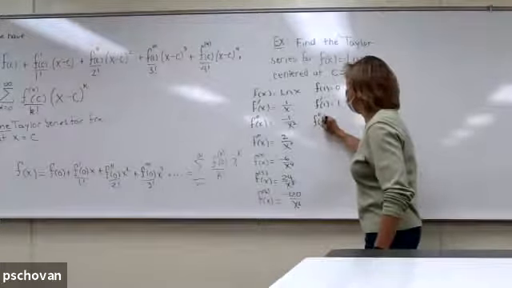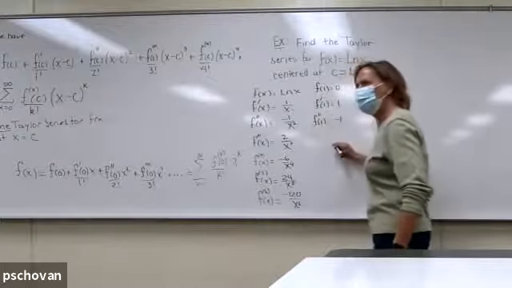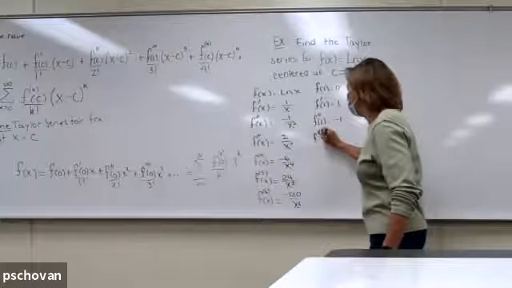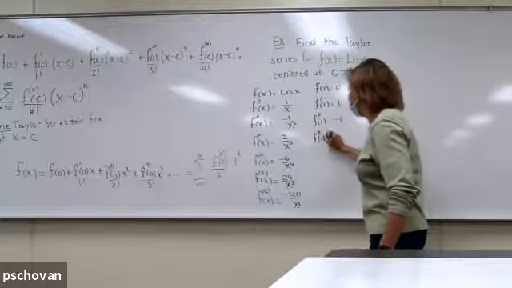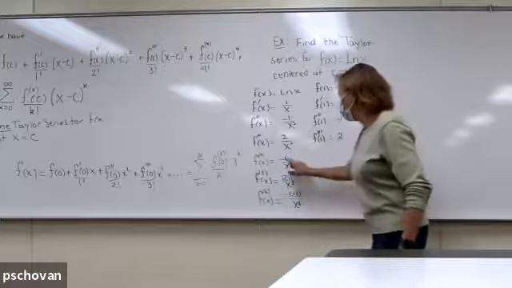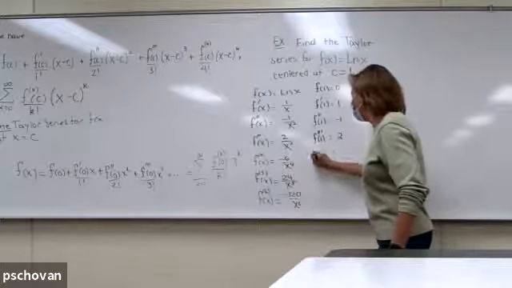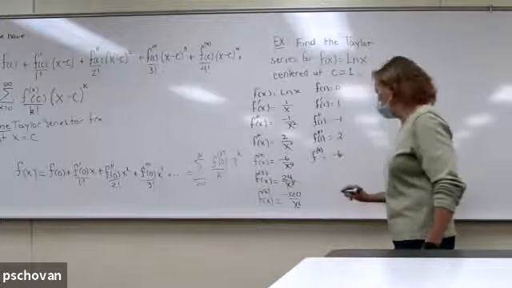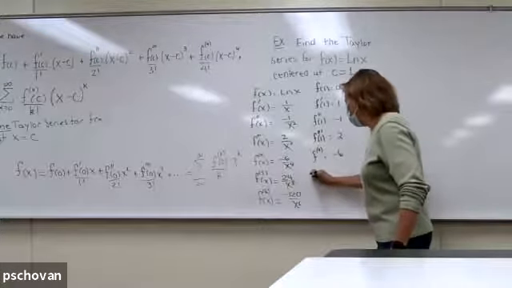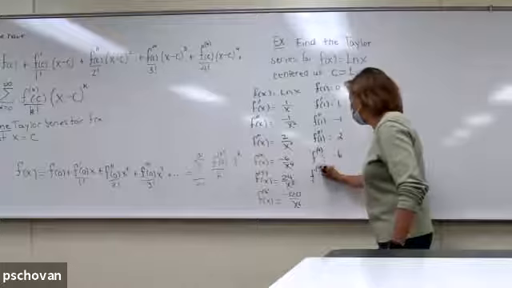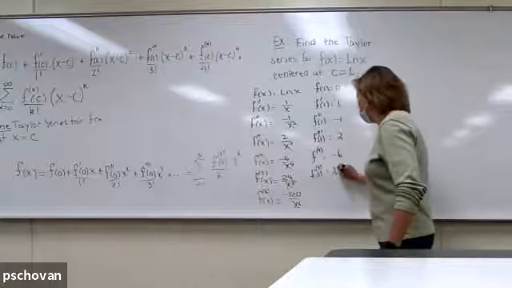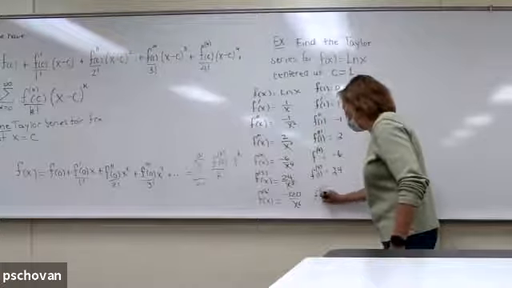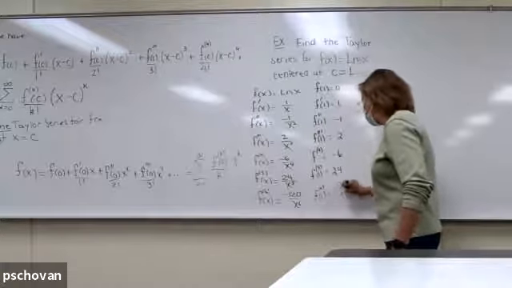Negative 1 over 1 squared is a negative 1. 2 over 1 cubed is 2. Negative 6 over 1 to the 4th is negative 6. 24 over 1 to the 5th is 24. And then finally, the 6th derivative at 1 is just the negative 120.